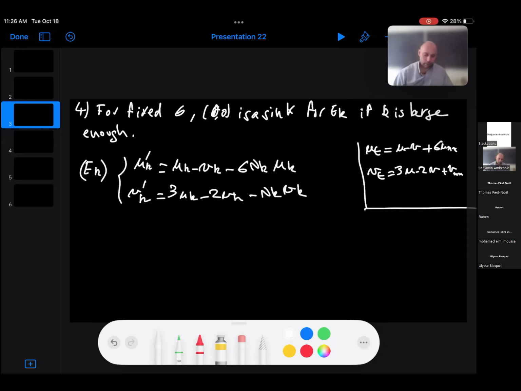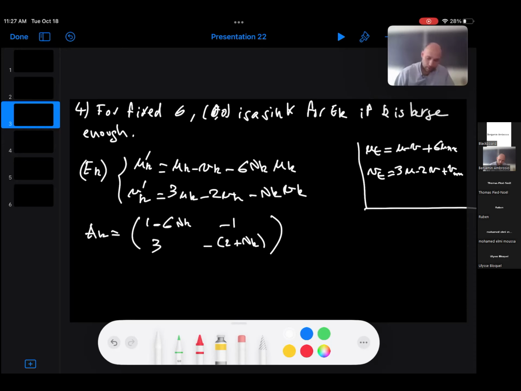All right, so let's call Ak the matrix. So it's 1 minus sigma lambda k, here minus 1, here it's 3, and here it's minus 2 plus lambda k. So I'm going to have a look at the eigenvalues of this matrix.